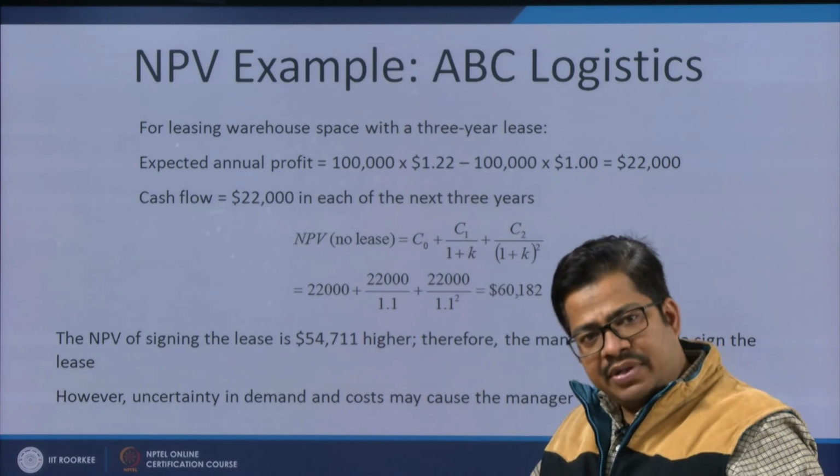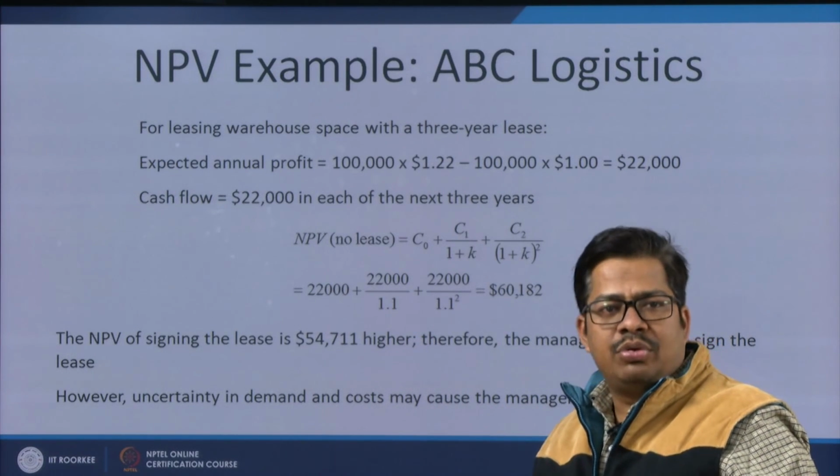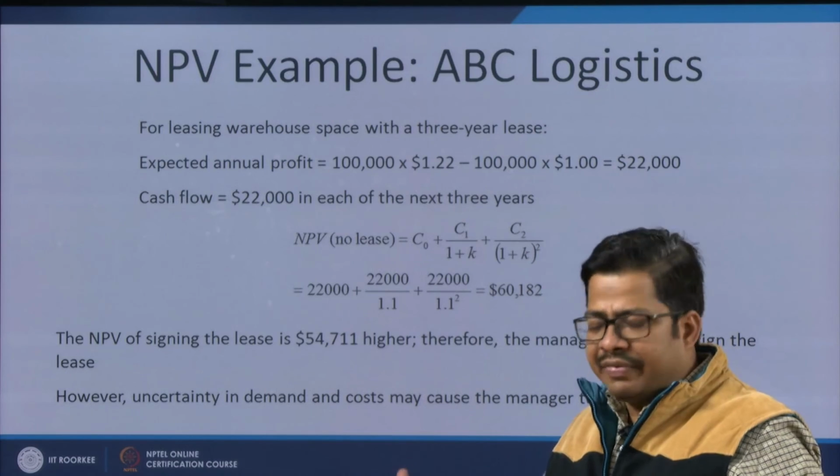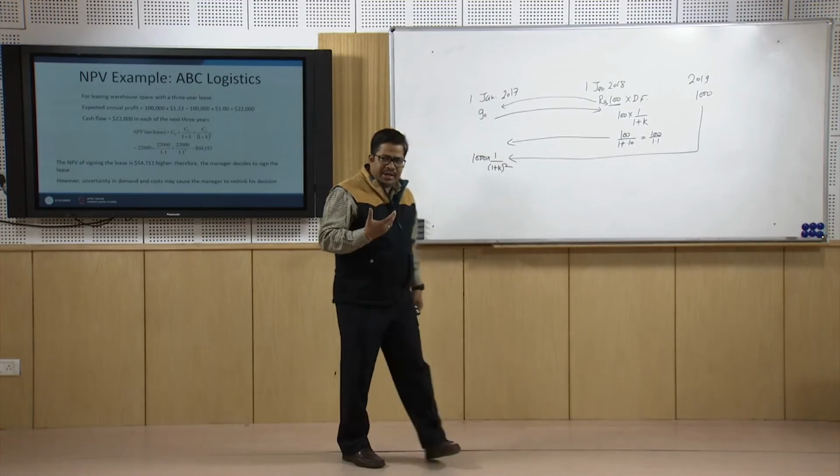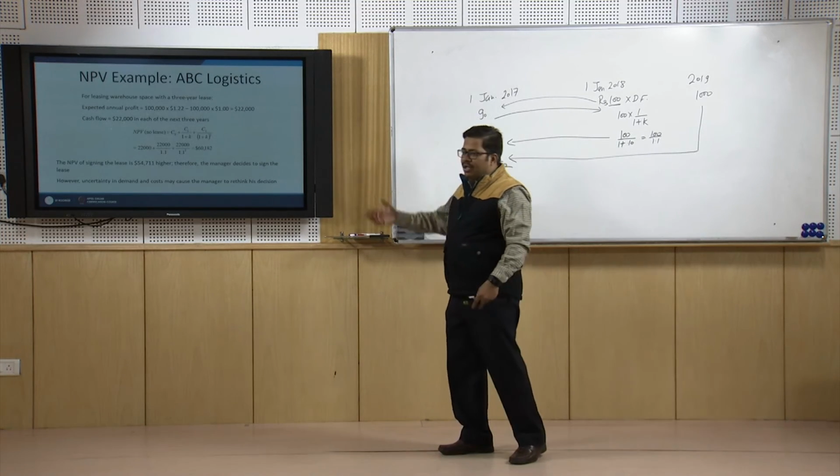If you have different rates of return, you may have different denominators, because here we took the same rate of return for all the periods, so we have the same value of k in the denominator for all the years.